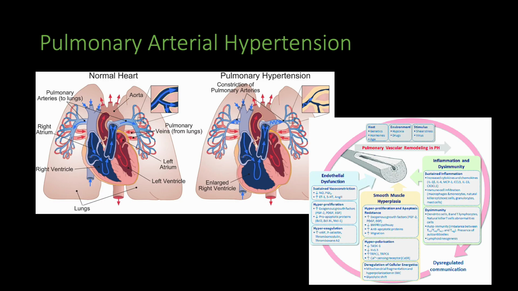So what happens here is the substances that help with vasodilation and vasoconstriction just become abnormal. Nitric oxide decreases, prostacyclin decreases, and when those two are decreased, then there is a chance of more vasoconstriction, and it really makes it hard for the heart to pump that blood out.